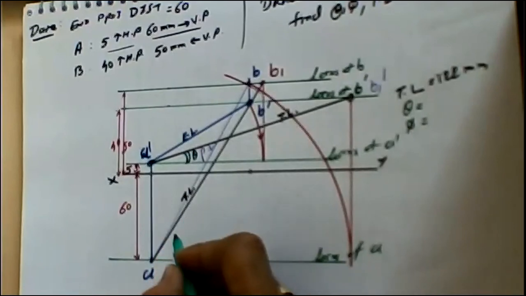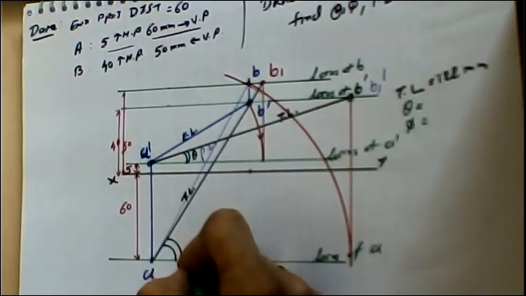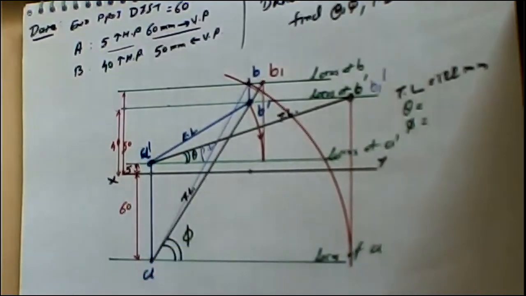We need to measure that. An angle of true length in plan with the reference is going to be called phi. Measure it and try to give the answer in the given data. And attempt other questions also.